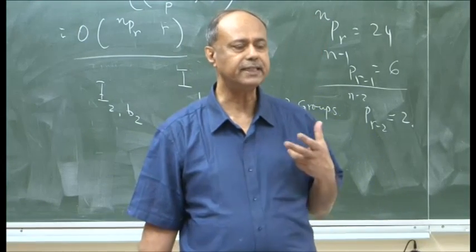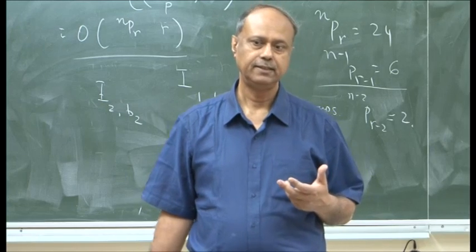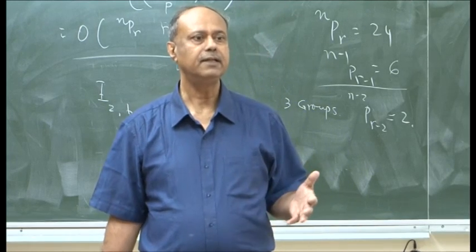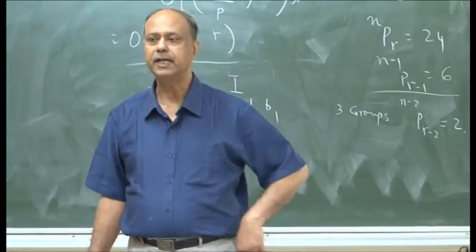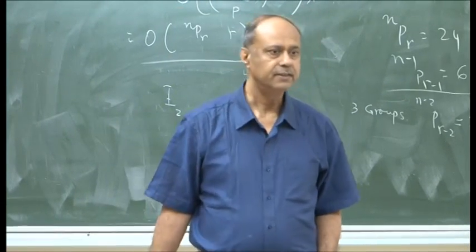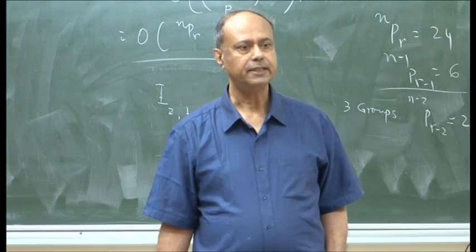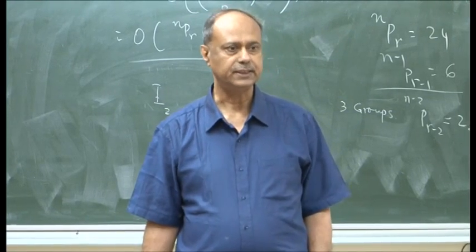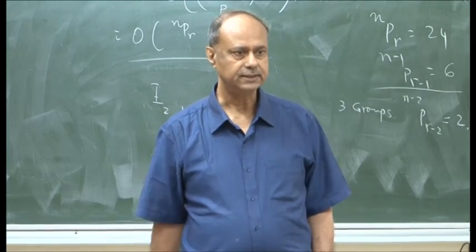But suppose the n elements are not distinct. Then if you want to generate R out of n, some of them will be repeating. How to generate that we will discuss as a third algorithm. So let us stop here and discuss in the next class.